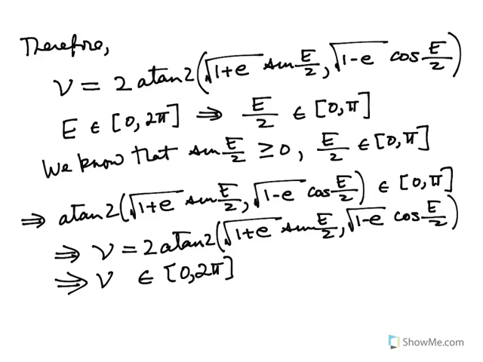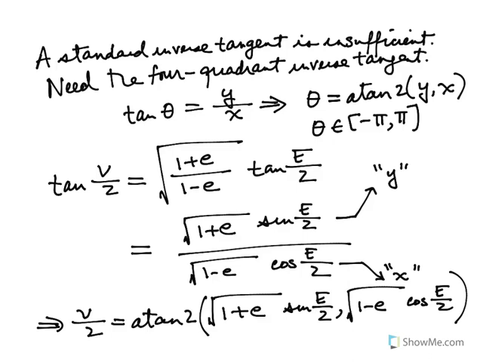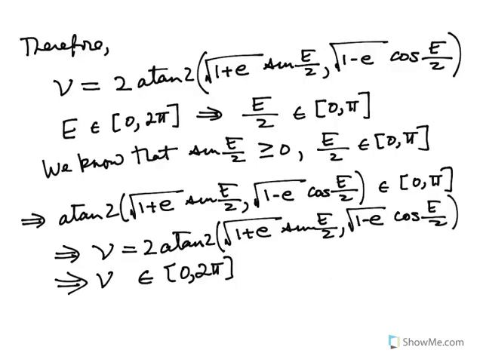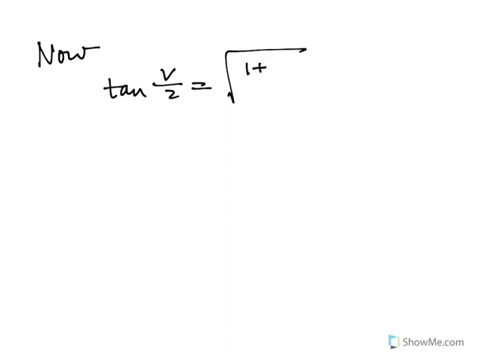Now we have one more thing that we need to do, which is the inverse calculation. So the inverse calculation is the one where we get the eccentric anomaly in terms of the true anomaly. We need to go both ways. So let's go back to this last expression that we've got here. We have tangent of nu over 2 equals the square root of 1 plus e over 1 minus e times the tangent of E over 2.